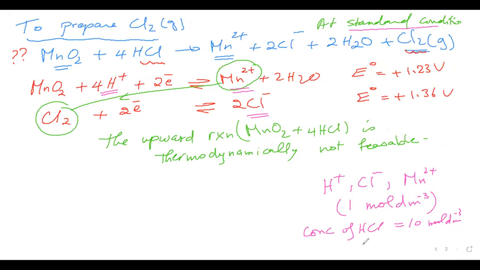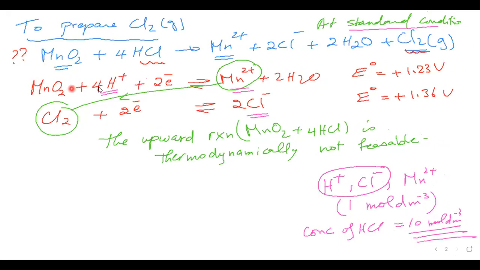It's a non-standard condition because we increased the concentration of HCl from 1 mole per decimeter cube. When we write H positive and chloride negative, it means HCl. So if we change the concentration of HCl to be 10 mole per decimeter cube instead of 1 mole per decimeter cube, what will happen?